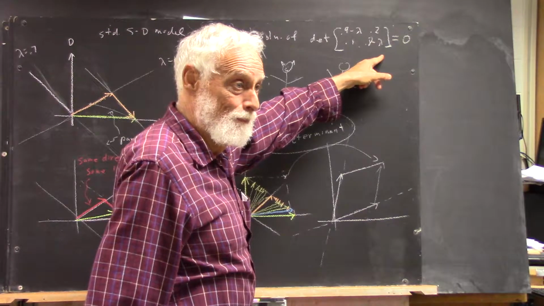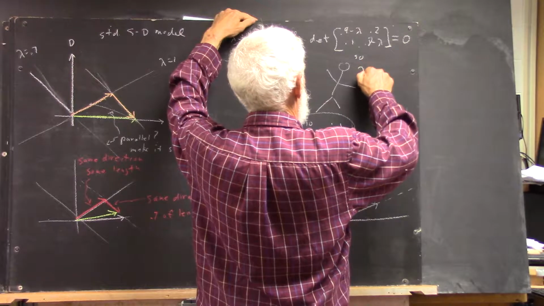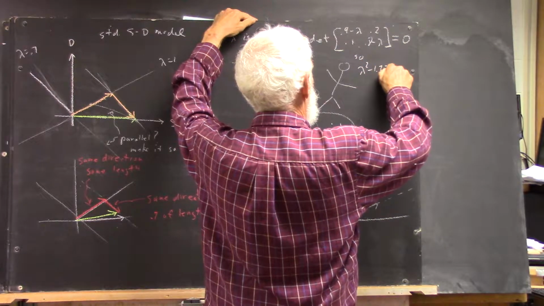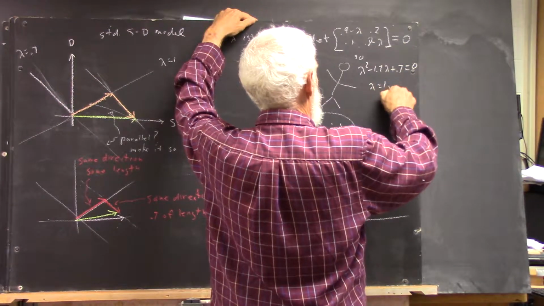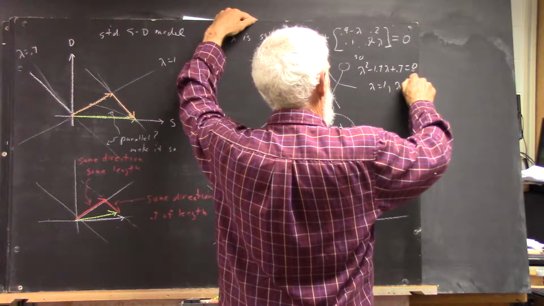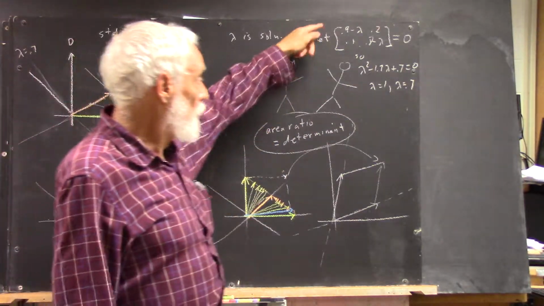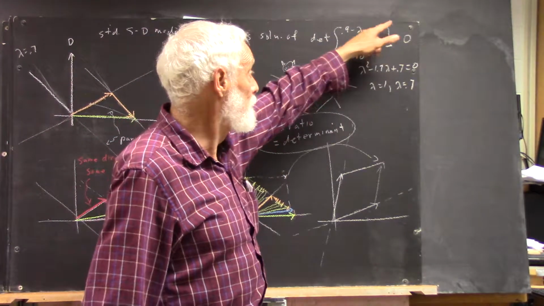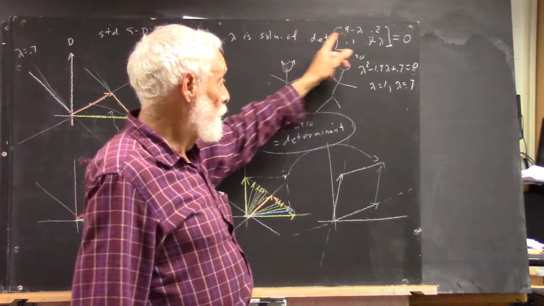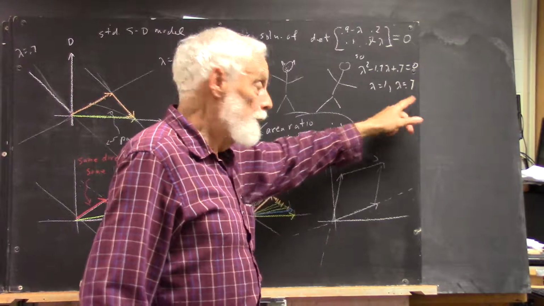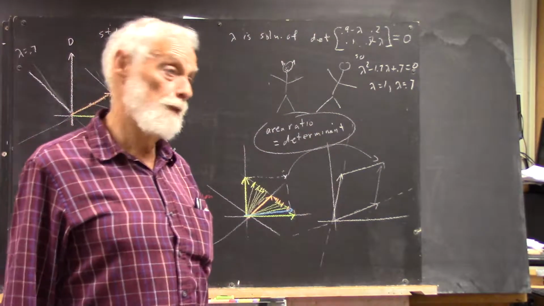So this gives you the characteristic equation. As we wrote down earlier, the determinant of this is this times this minus this times this, which is this. So determinant equals 0 is this equals 0, and it gives you these. You plug these back into one of the equations and you get your eigenvectors.